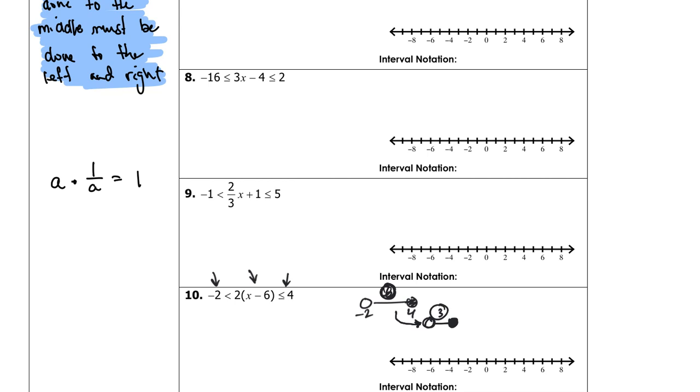Why is that? Because you're going to double these numbers, and then shift them to the right 6. And that's going to end up being all the sets of numbers that, when you plug into an equation, are going to give you answers between -2 and 4. So that's kind of what we're trying to solve for here.